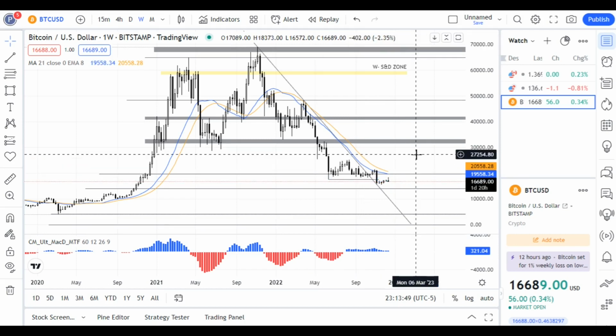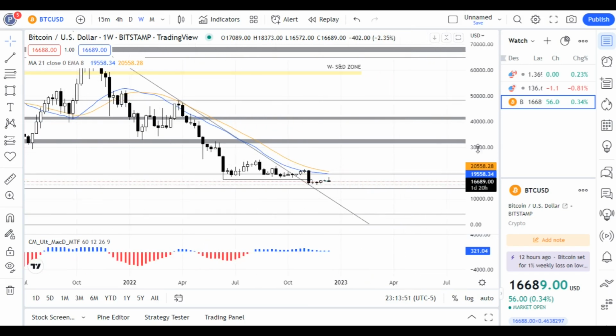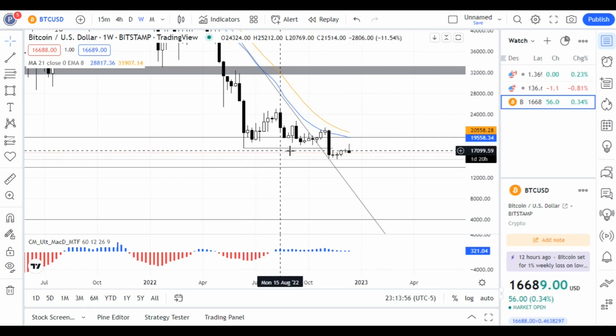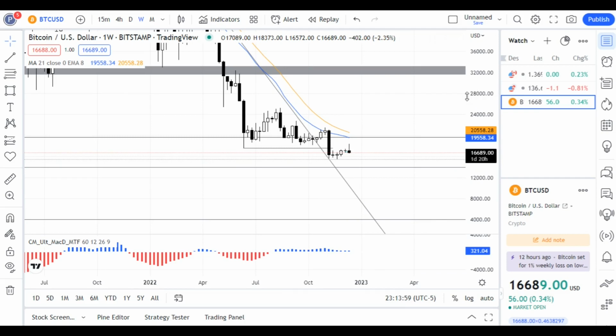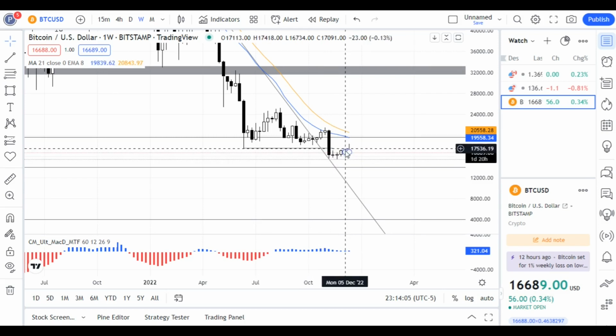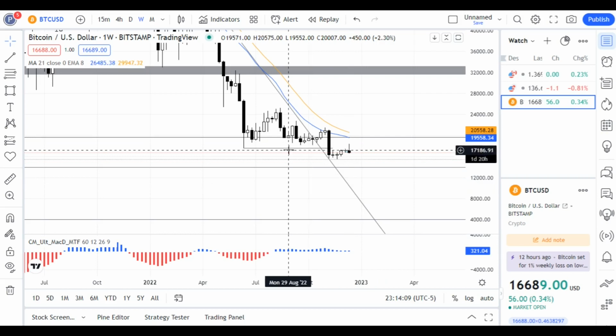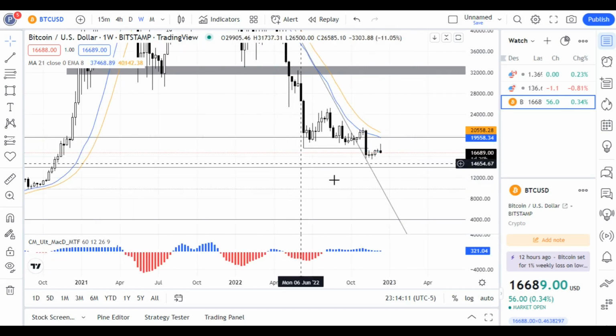Let's draw this line first. Since this one is the low, if truly this selling trend will continue, then what will happen is it will pass this low and come back to retest or gain momentum to push down. So this is how the market actually works.